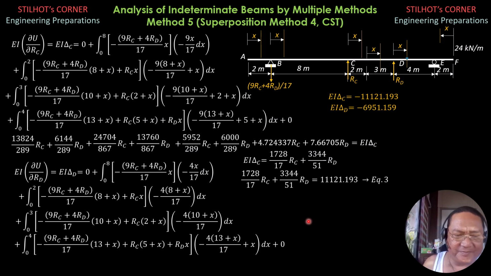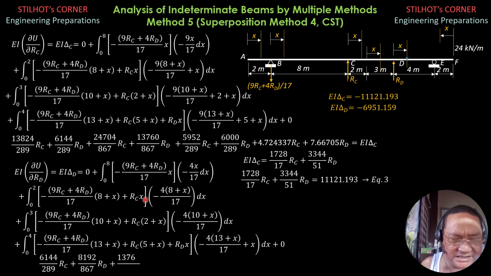So evaluating the first integral here is 6144 over 289 RC plus 8192 over 867 RD. For the next integral, we have 13760 over 867 RC plus 7808 over 867 RD.